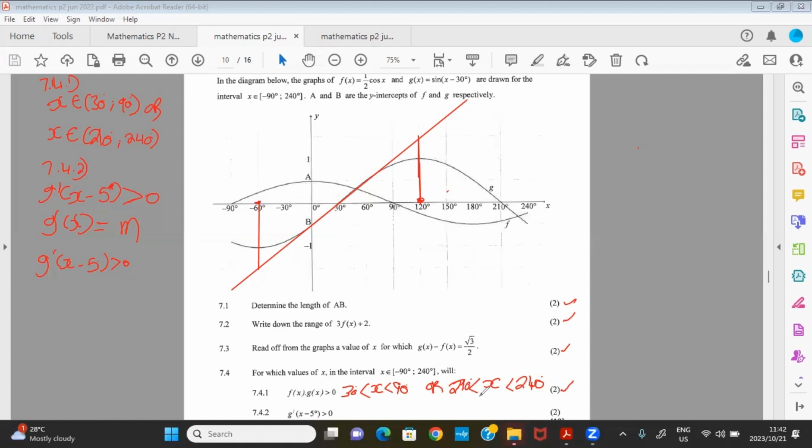Why am I not taking into consideration the x minus 5?